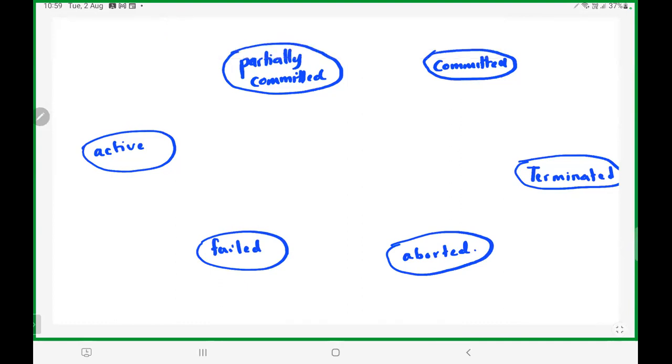First one, active. Active means here there can be a series of operations. You can read the values from the account. You can write the value to the account.